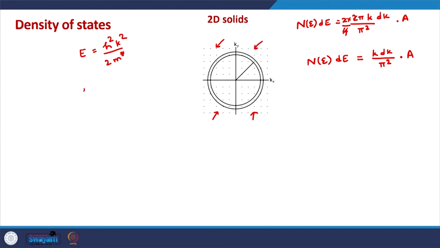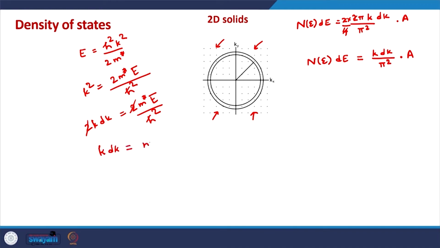Which means k square is, like our earlier calculations, 2 m star E divided by h bar square, and if we take a derivative on both sides, it is 2 k dk equals 2 m star dE divided by h bar square. We can remove 2 from each side. So, it becomes k dk equals m star dE divided by h bar square.